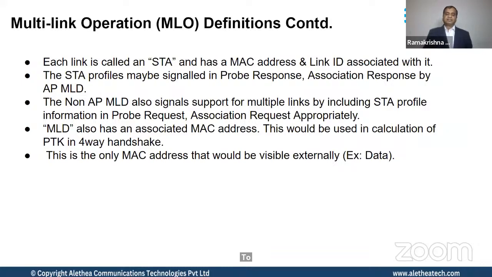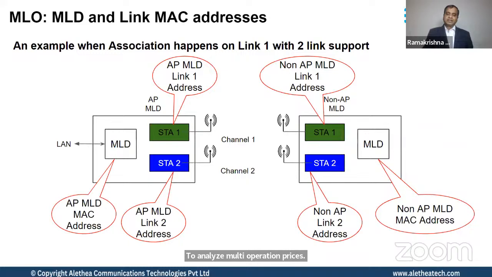Having said that, this needs to be illustrated a little more clearly, because if you want to see the traces, this really needs to be understood. So I have the AP MLD on the left-hand side and the non-AP MLD on the right-hand side. And the transmission and reception in this case is happening on 2 channels. For the sake of simplicity, assume that they are 2-link capable and they are MLMR STR.